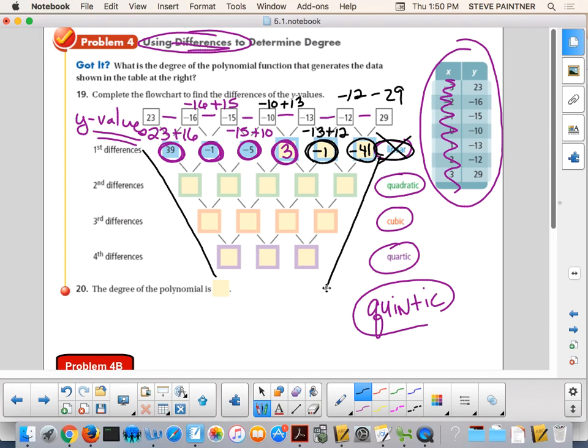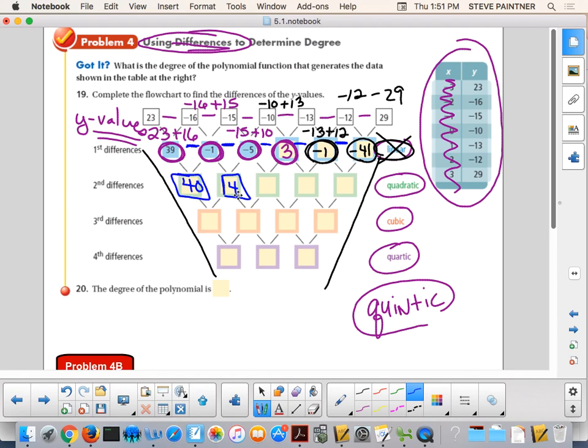Put a minus sign in between every one of them. This is why you want them circled, because you want to know what number minus the next number. So this is 39 minus 1. So 40. Negative 1 minus 5, that's 4.